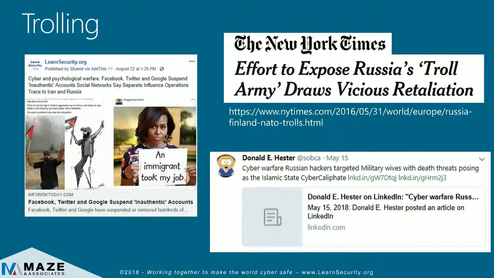So again, Russia is pitting liberals and conservatives and Republicans and Democrats against each other, and they're pitting our nation against other nations and religions against other religions. This is ridiculous. We all have to kind of wake up to that. And there's a person who's been trying to expose this troll army that Russia has, and I think she's gotten some death threats and all that kind of stuff related to it too.